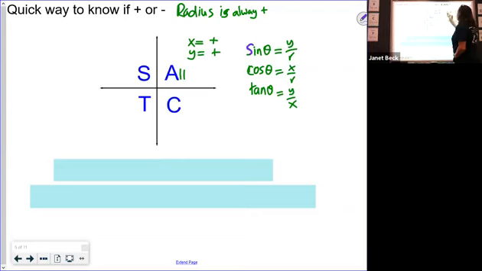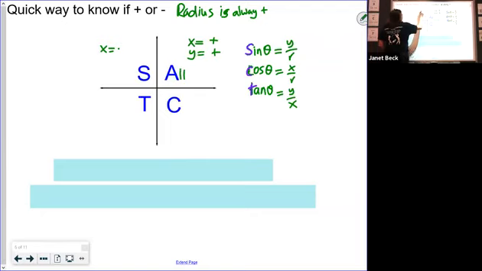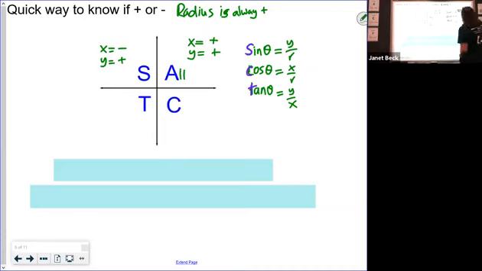S is for sine, T is for tangent, C is for cosine. And what it's telling you is that in quadrant 2, x's are negative and y's are positive. So anything that has a y in it would be positive. The sine is a positive divided by a positive, because the radius is positive, so that would be positive. This is telling us sine is positive.